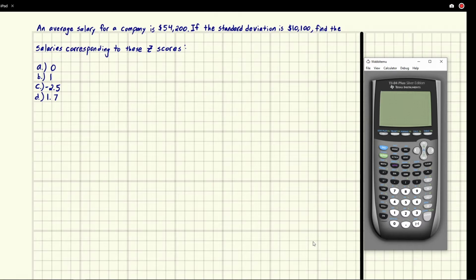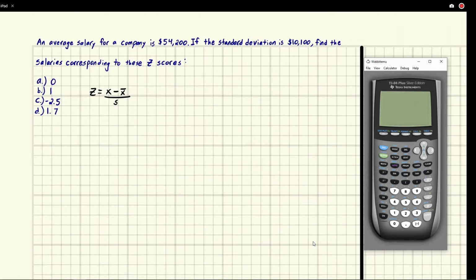So we remember the z-score formula to be z is equal to our data point, taking away the average, and then we're splitting it up into units of standard deviations, right? And this is the sample version. They didn't say that this was a population, but you could insinuate that it is because it says an average salary for a company. Like, this is a known fact.